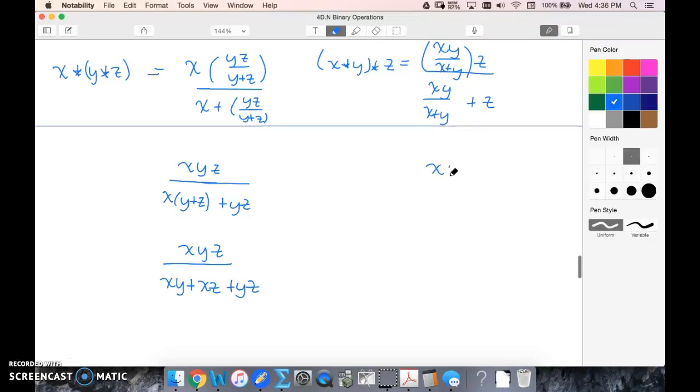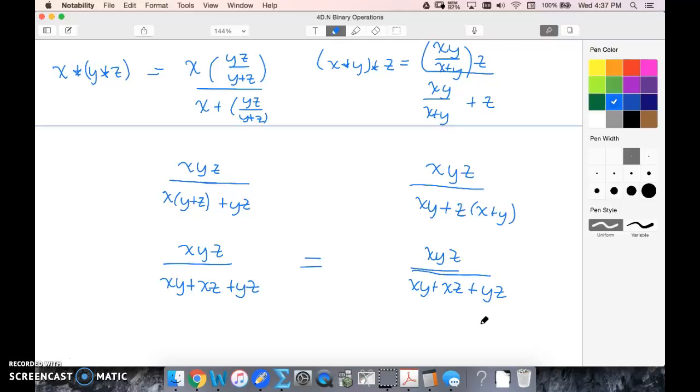I'm going to get xyz again over xy plus z times (x plus y). That's going to give me xyz over xy plus xz plus yz. And notice, left-hand side equals right-hand side. Therefore, yes, it is associative. First associative one we've seen.